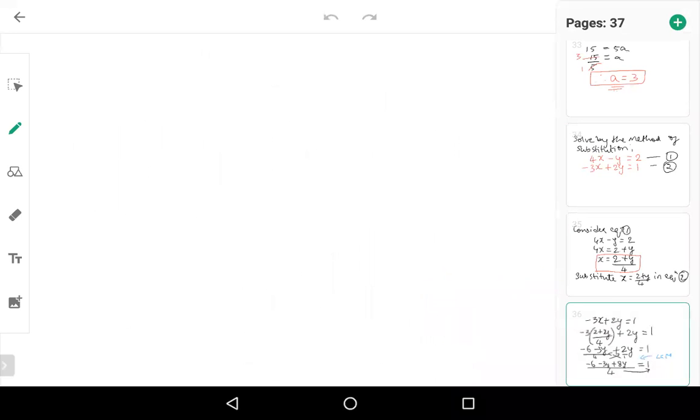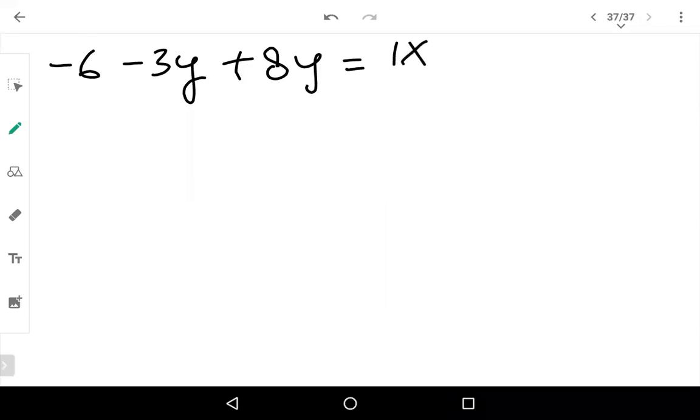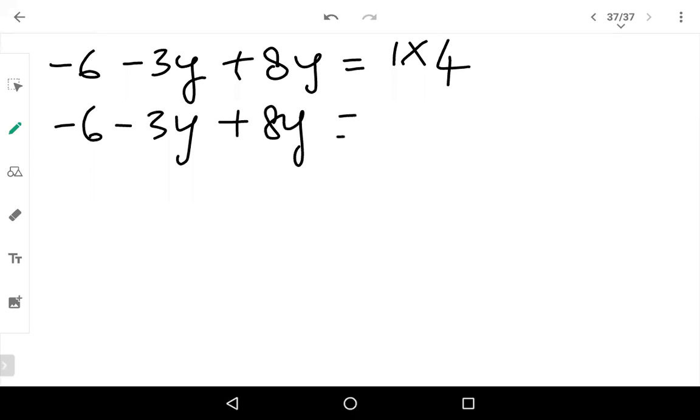Next step, I have to take 4 to the other side. If I take 4 to the other side, minus 6 minus 3y plus 8y is equal to 1 into 4. It was division, so when it comes up, it will become multiplication. So minus 6 minus 3y plus 8y is equal to 4. Now I can take minus 6 to the other side.